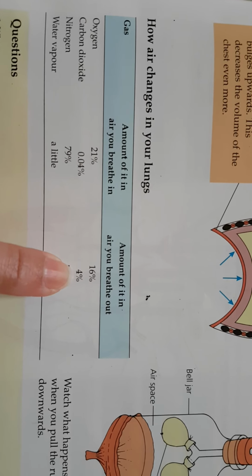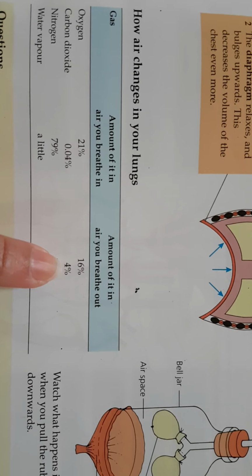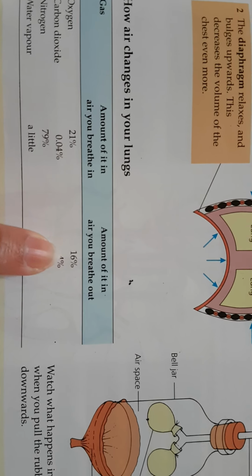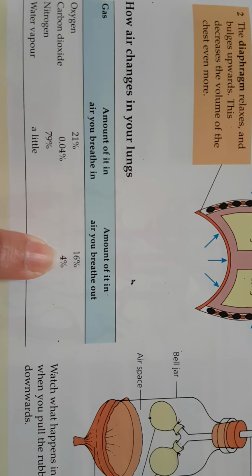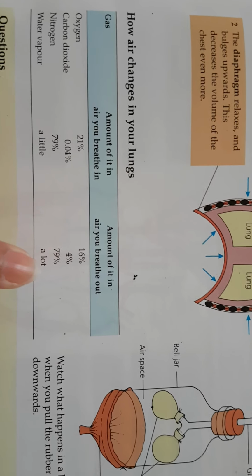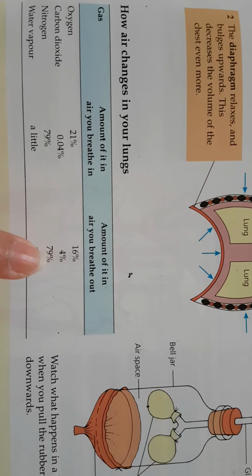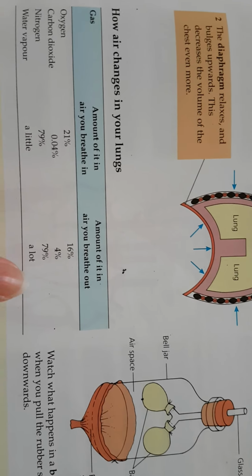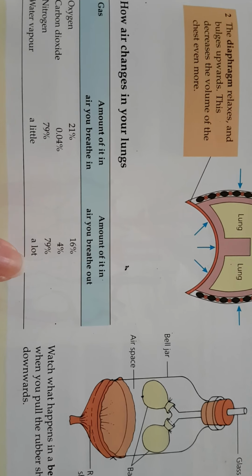This carbon dioxide comes from the processes of your body, so it is thrown out. We give out more carbon dioxide than what we inhaled. Nitrogen we don't use, it is just present, and there is lots of water vapor.